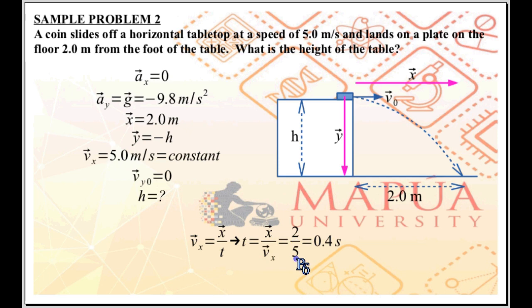So that's just 2 over 5. t is equal to 0.4 seconds. So the x component has given us the value for time of travel. Since there's only one object undergoing projectile motion, the time of travel on the x-axis is also the time of travel along the y-axis. So in the y component, this is also the time of travel, 0.4 seconds.